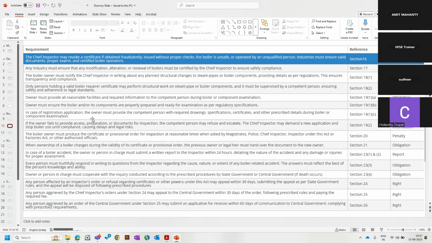So here we have to provide the facilities or access to the competent person for doing the examinations.